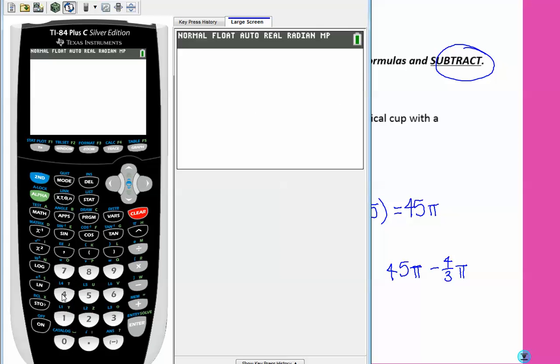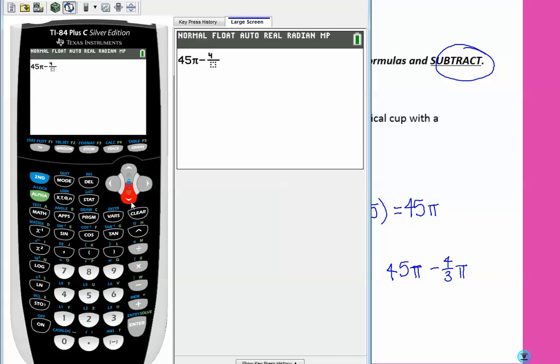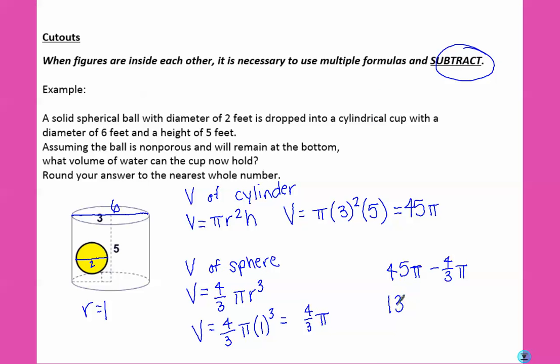If we type that in our calculator, 45 pi minus 4/3 pi, we get that the volume is 137, because it says round to the nearest whole number, and our units would be feet cubed.